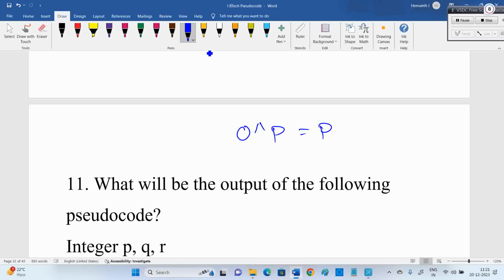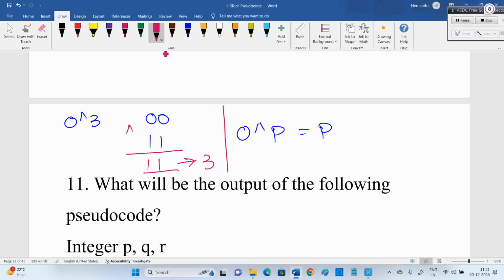If you have a doubt, let's take one example: 0 XOR 3. 0 in binary is 0 0, and 3 is 1 1. Now if you do XOR, 0 XOR 1, 0 XOR 1, giving 1 1, which is nothing but 3. So 0 XOR 3 finally results in 3 only. That's what I want to convey.